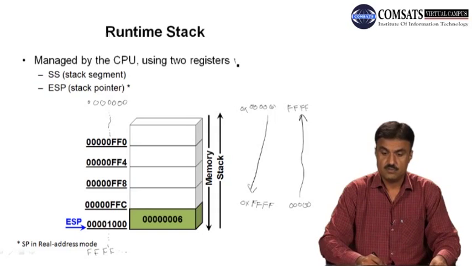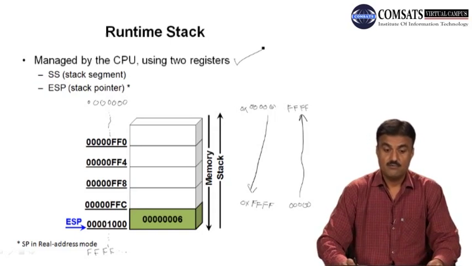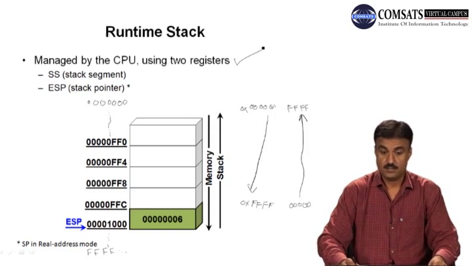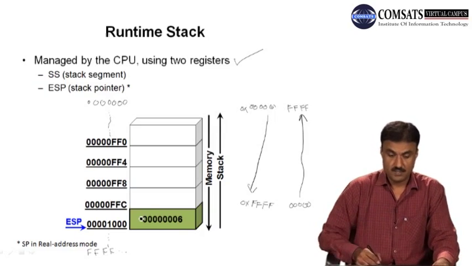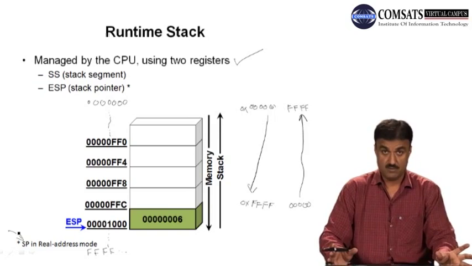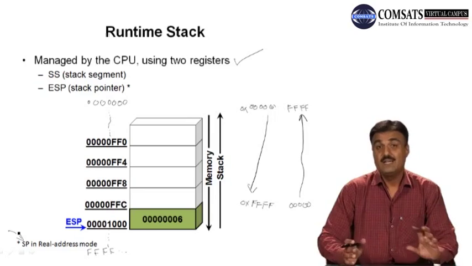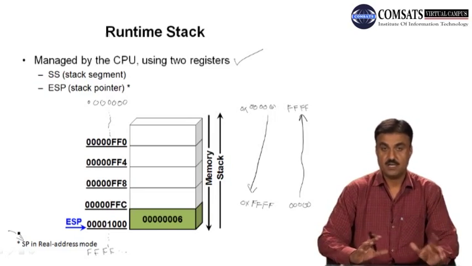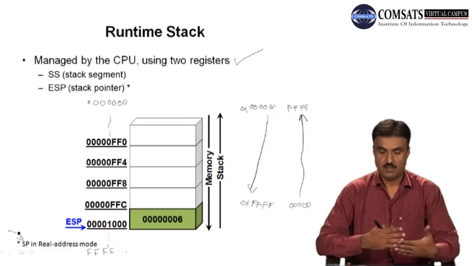So there are two registers involved in managing these stacks. The first register is the stack segment, which shows the starting point, and then we have the stack pointer. In real addressing mode, we use a stack pointer to manage all those stacks. In the flat or in other architectures, we do not use segment registers, but we can use the stack segment register in combination with ESP, the stack pointer.